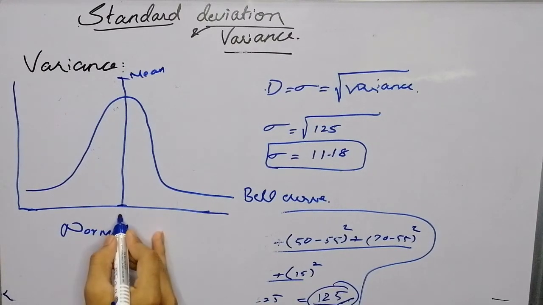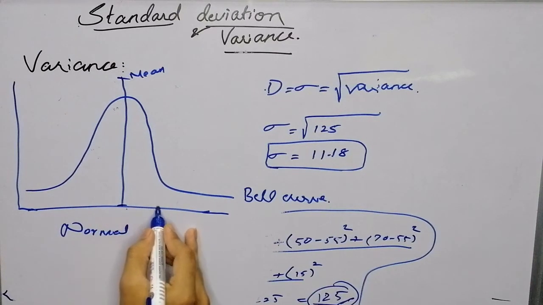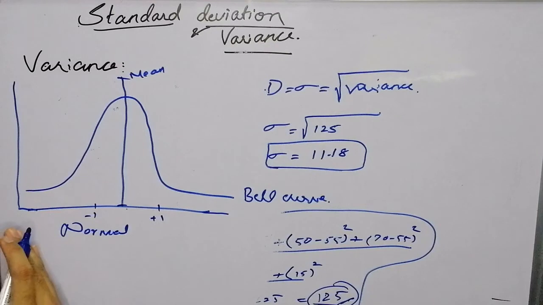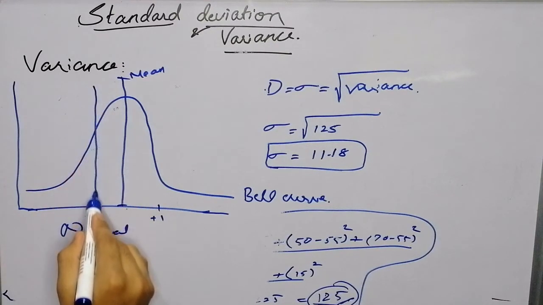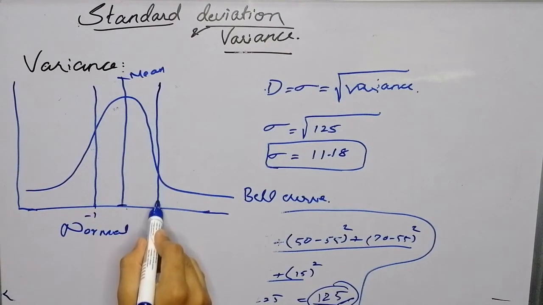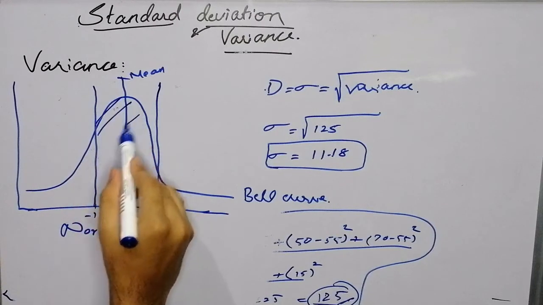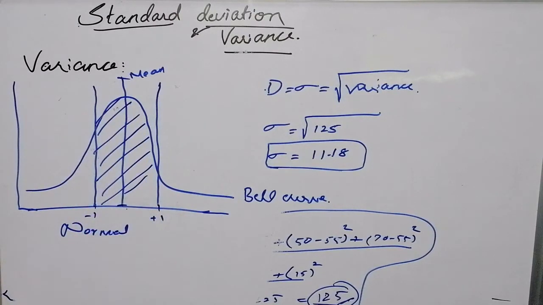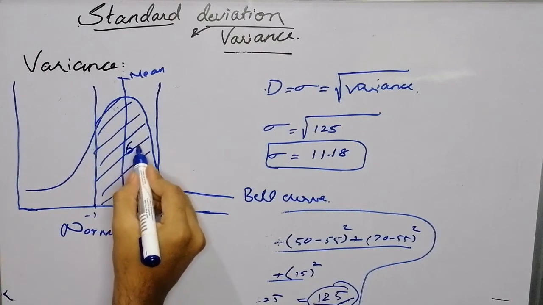From the mean, one standard deviation ahead, plus 1, and one standard deviation behind the mean, in this particular area we have 68% of the total data.